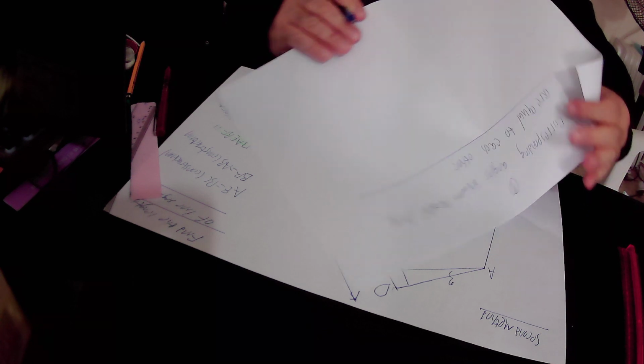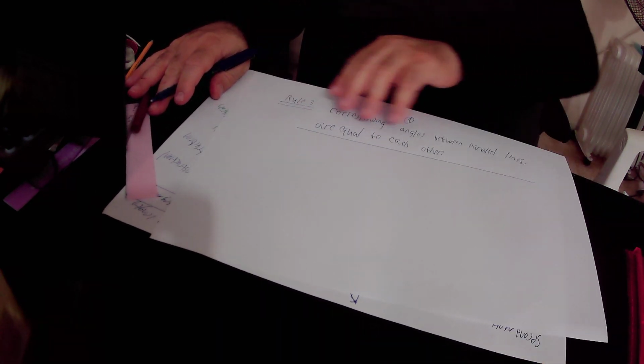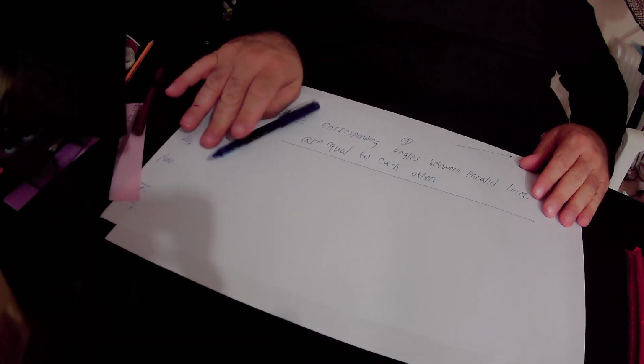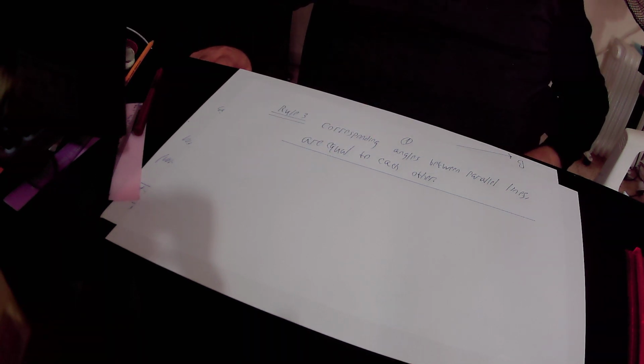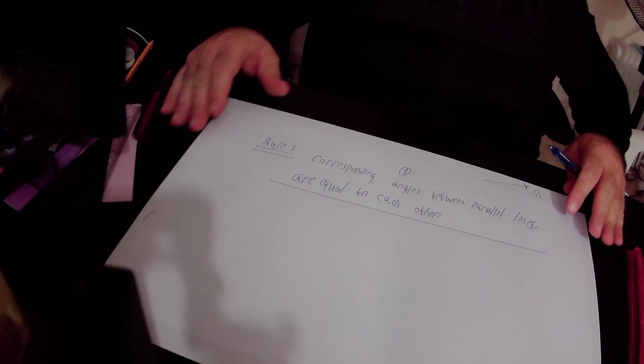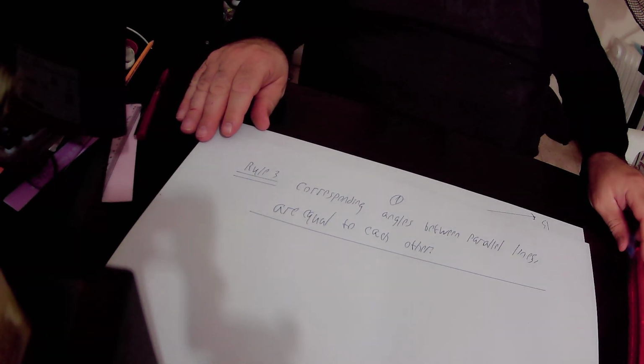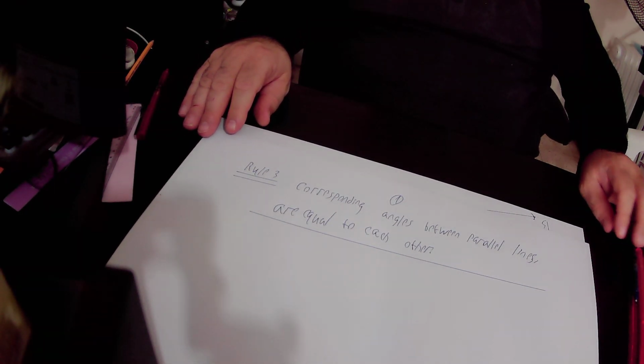So I'll read rule number 3 again. According to rule number 3, corresponding angles between parallel lines are equal to each other.